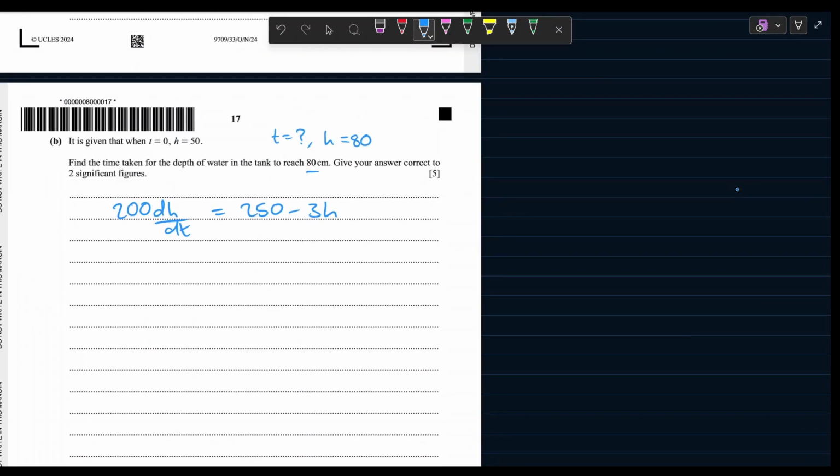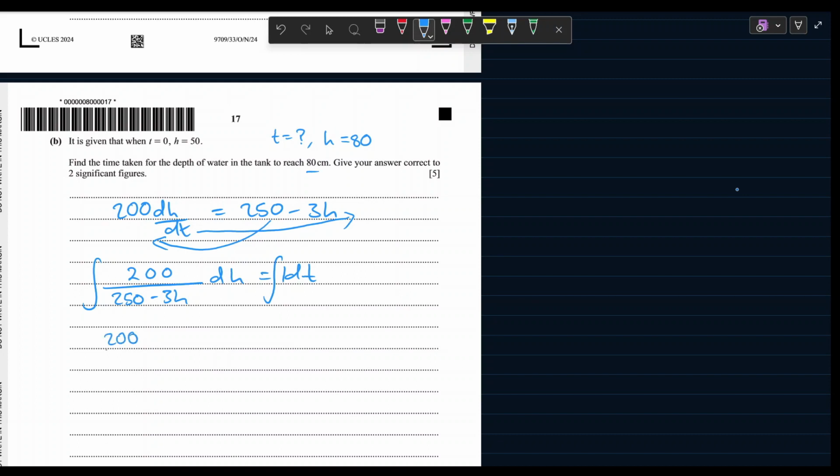Okay. So we need to separate our variables. We can move dt to the right hand side, so that it's 200 over 250 minus 3h dh is equal to just dt. And so we can integrate both sides. This is just integrating 1. So if we integrate here, we've got the 200 on the numerator.